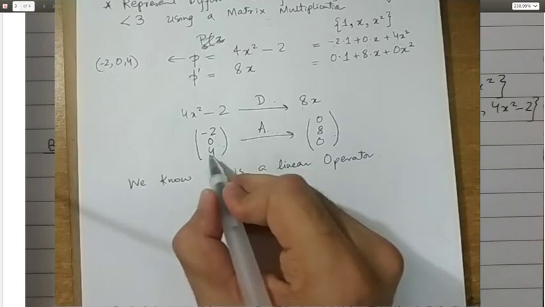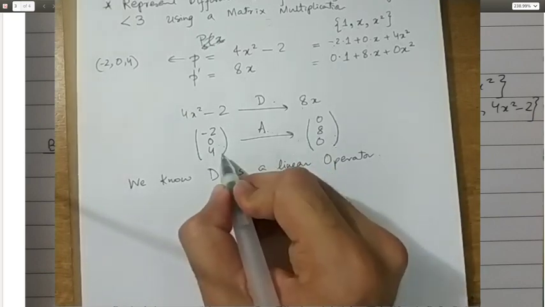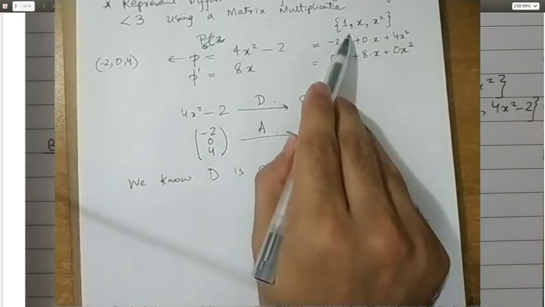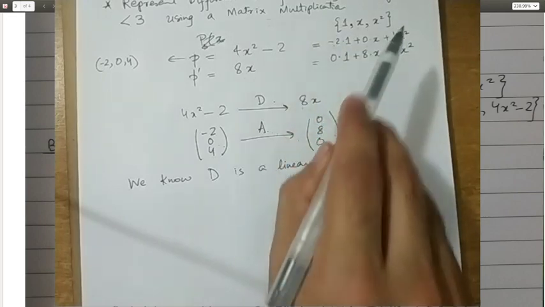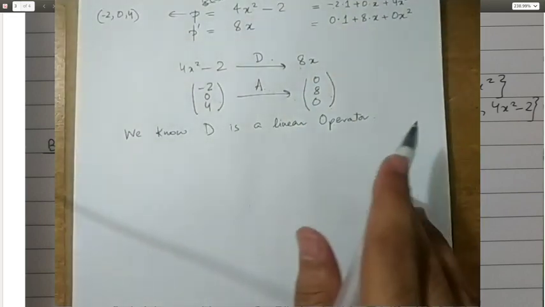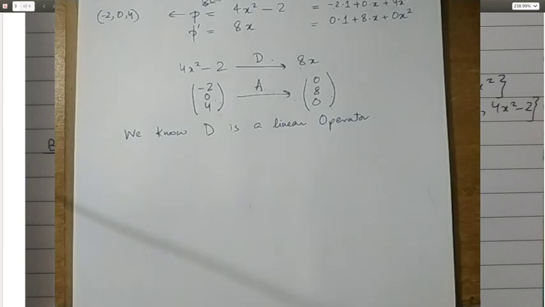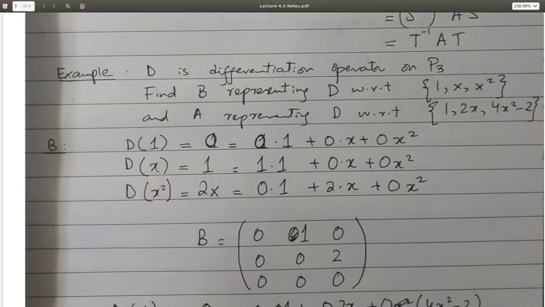We can do it in the standard basis, which is 1, x and x squared, or in some non-standard basis as well. So the question of this example is to represent it in terms of the standard basis vectors and also in terms of non-standard basis vectors.